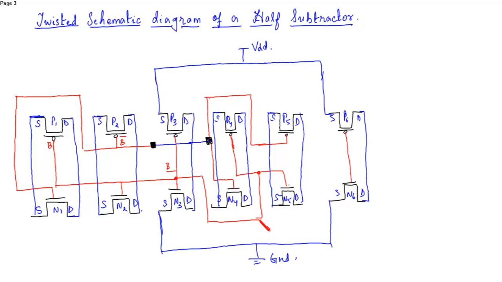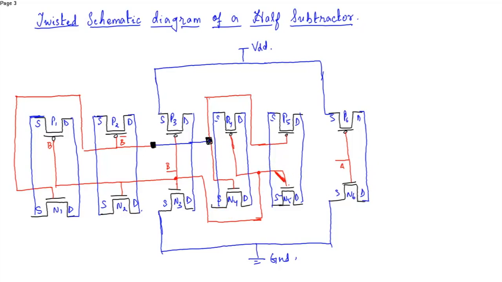Okay, now this is B and B bar. Now this is A. This is A bar. So this A is connected with this, and A bar is connected with this.